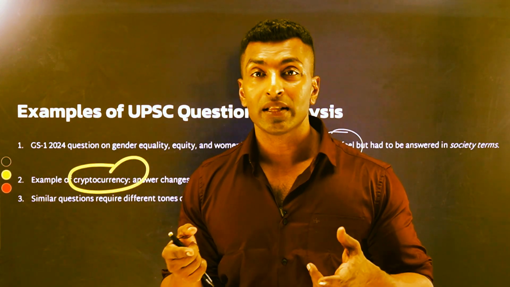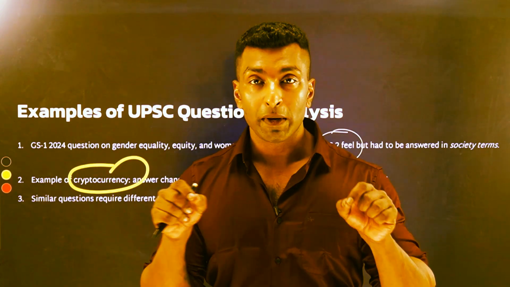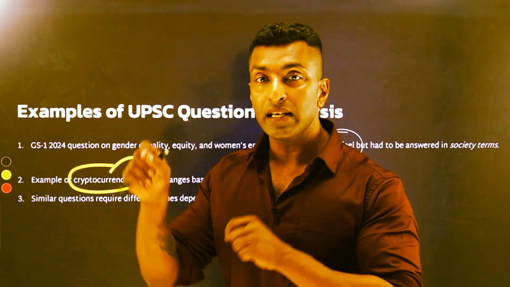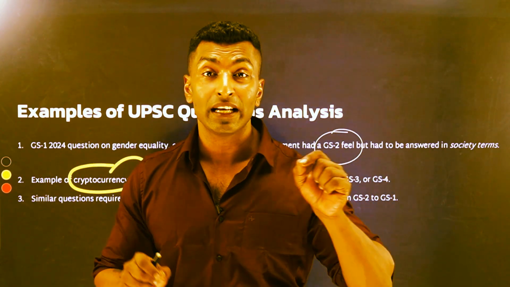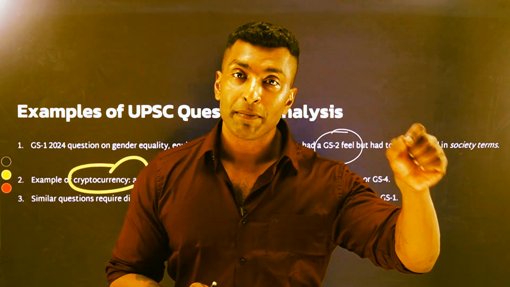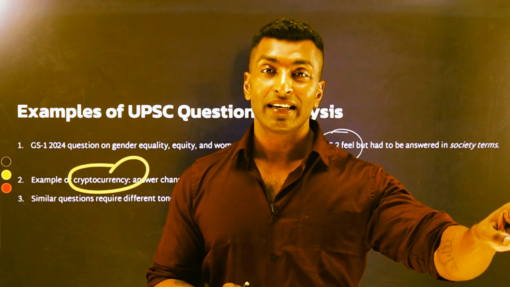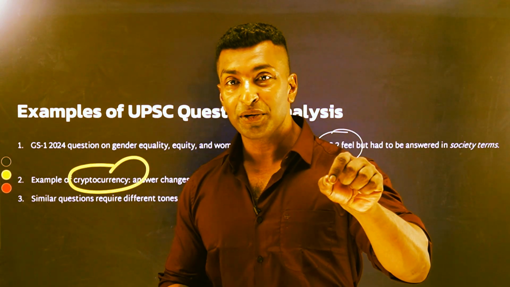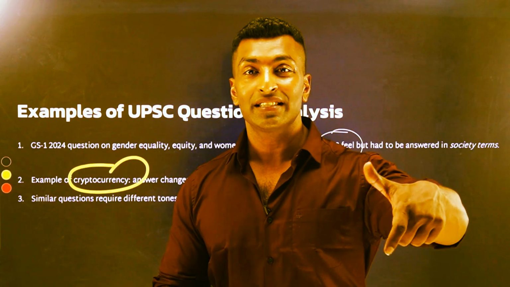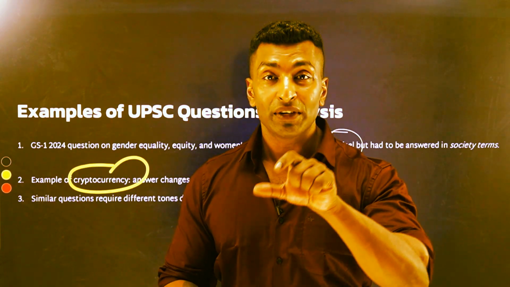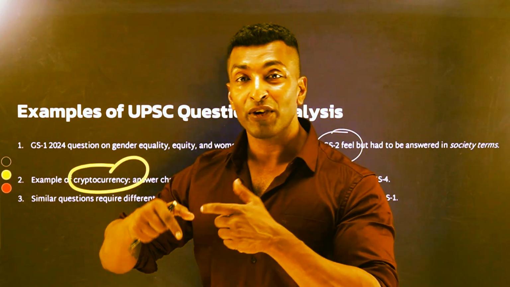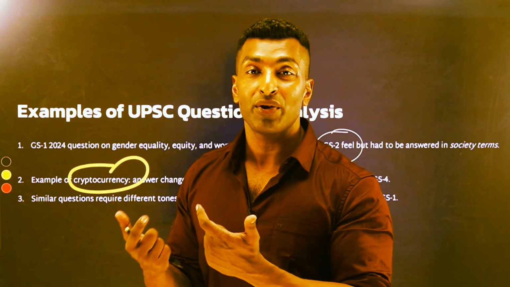So it is not that you read something, prepare a ready-made answer, and wherever you see crypto you write that. No, it is based on the context. If it is asked in paper 1, you have to write an Indian society related answer. If it is asked in paper 2, you need to give an international relations flavor. If it is asked in paper 3, you have to give a flavor of economy or the internal security dimension.